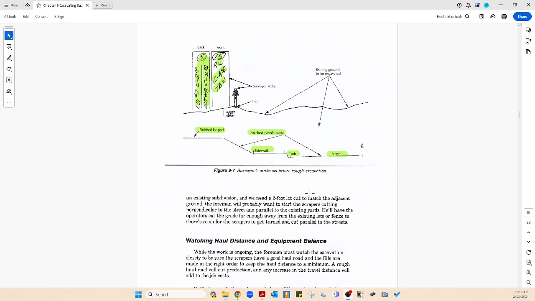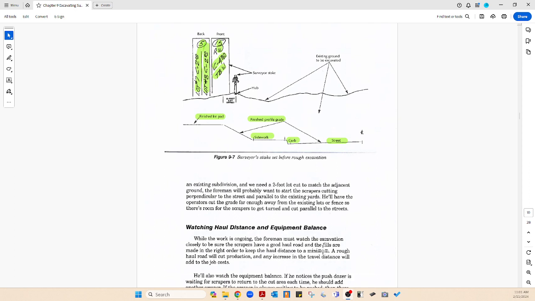So I want to talk about, before I move on to, and this is really good stuff coming up, haul distance and equipment balance. But before I get there, or maybe I should read my notes. I may already be in there.